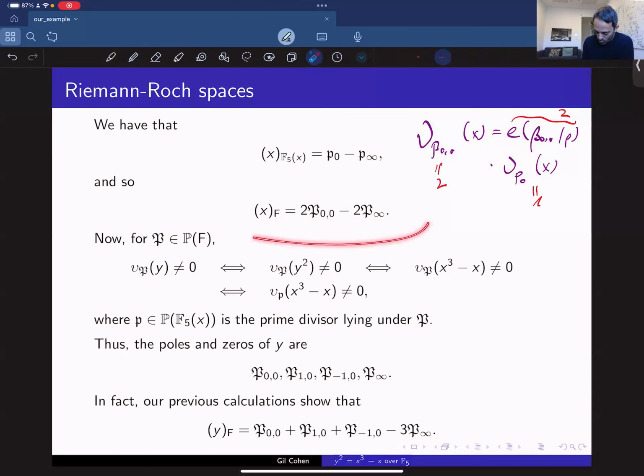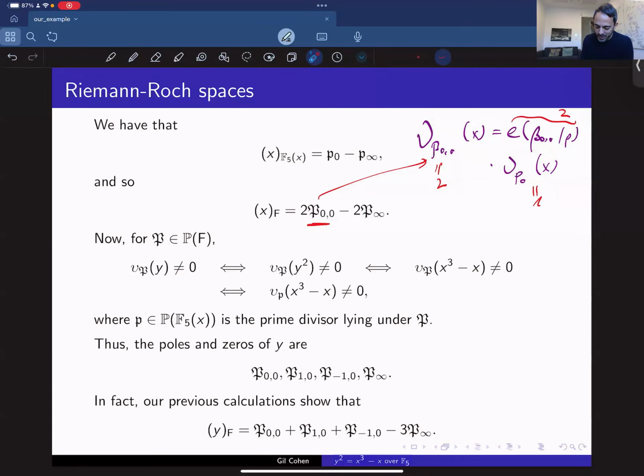And so when you write the principal divisor of an element, you write the valuation at the point times the prime divisor. And same here. So here you have minus p infinity, and this minus 1 becomes 2 here, because the ramification index of P infinity over small p infinity is also 2.